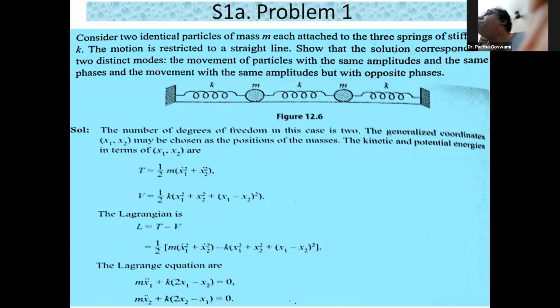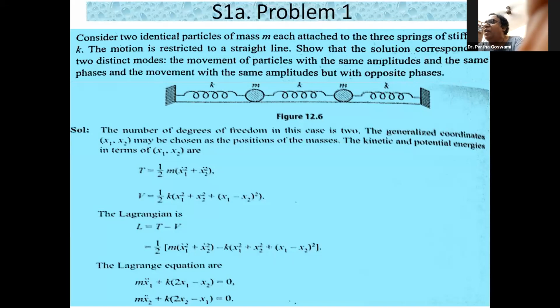So in the solution, the degrees of freedom I have chosen to be 2, which I don't need to explain because the motion is taking place along, say, the x direction. The two coordinates, x1 and x2, of the two masses are good enough for our generalized coordinates.